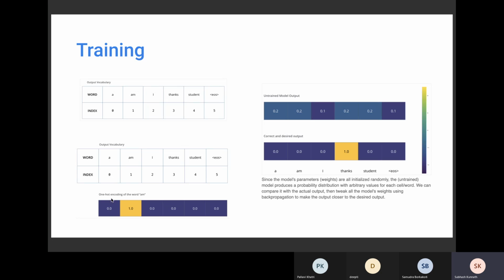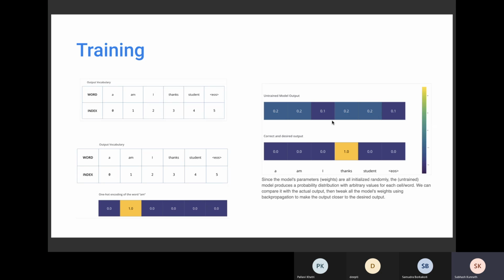That means that this whole vector represents the word "am". So consider you are starting your training process, and your untrained model's output is like this, some random numbers, and your desired output is this thing, 0000100.